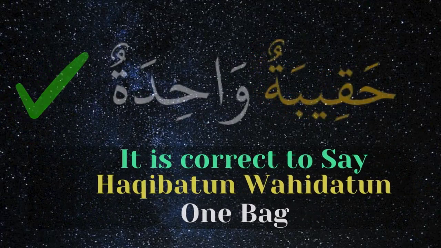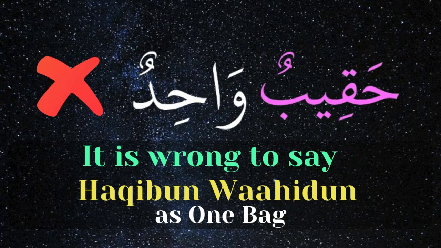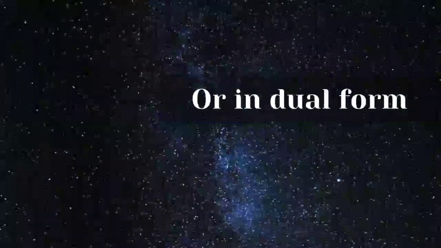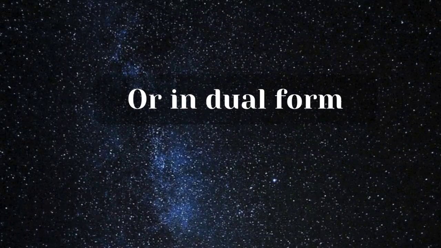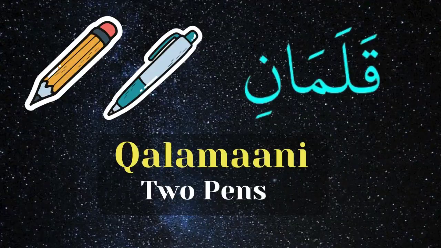So haqibatun wahidatun, but not haqibun wahidun. Okay? But when they appear in 2 objects, or in dual form, this type of noun in counting will then be expressed as qalamani.